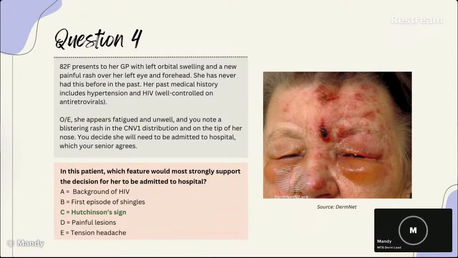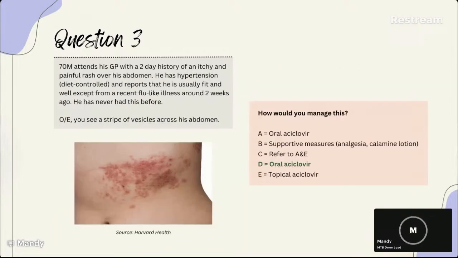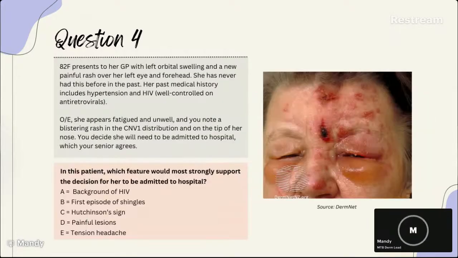You can tell from the question stem that she's also fatigued and unwell, as opposed to the previous patient, who is usually fit and well. He had the recent flu-like illness around 2 weeks ago, but aside from that rash, you don't note any ongoing malaise or fatigue. So Hutchinson sign is very important. It often crops up in exams, and it's something we should be worried about when we see a patient who has shingles.